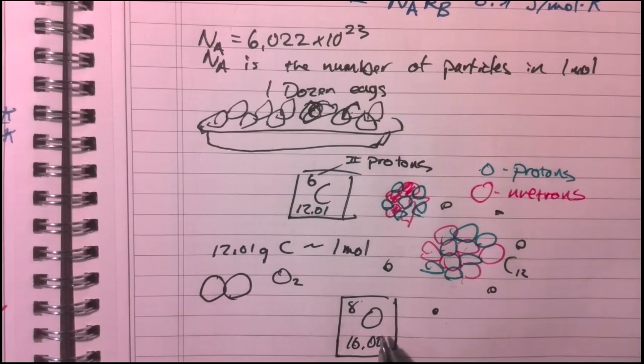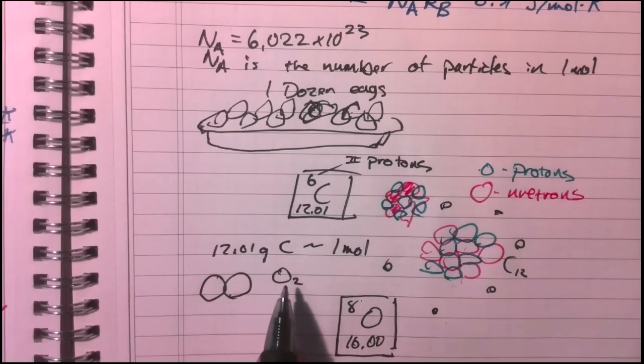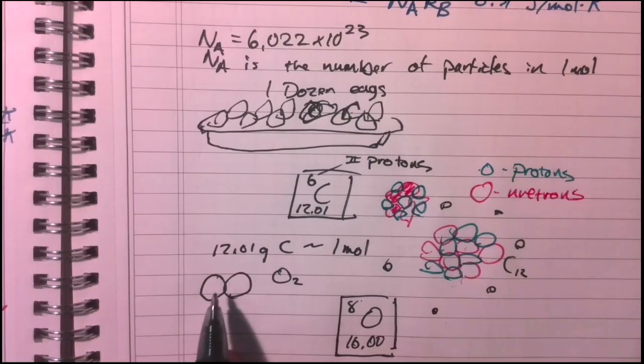But oxygen never ever just hangs out by itself. It's always O2, so that means there are always two oxygen atoms. It's very hard to just get pure oxygen. You can do it in a lab. You have to run a huge current, and then you can break apart this bond. Very difficult to do.